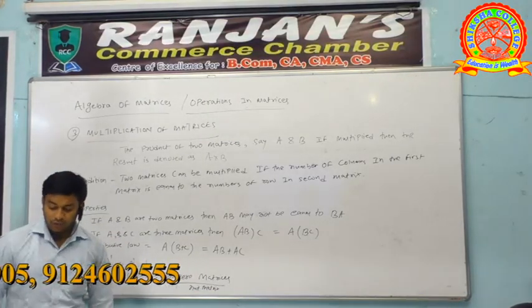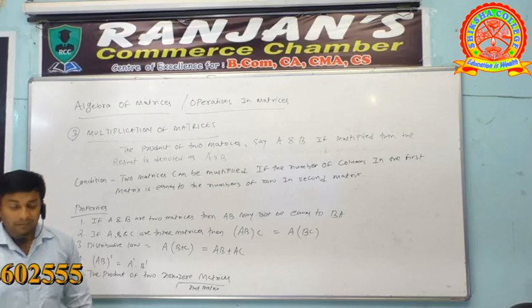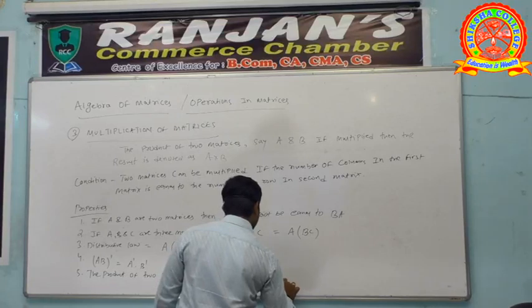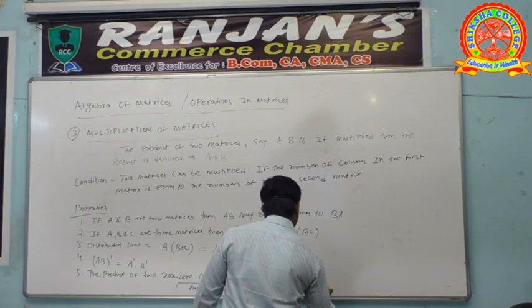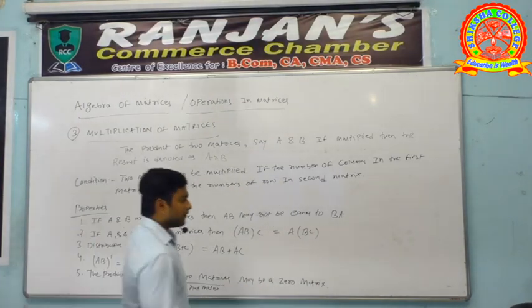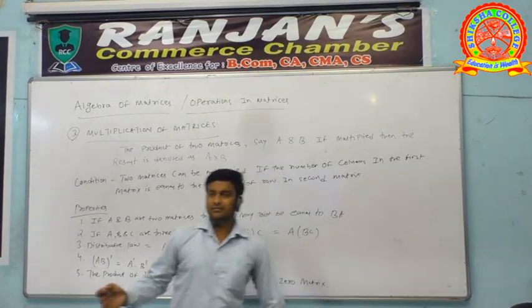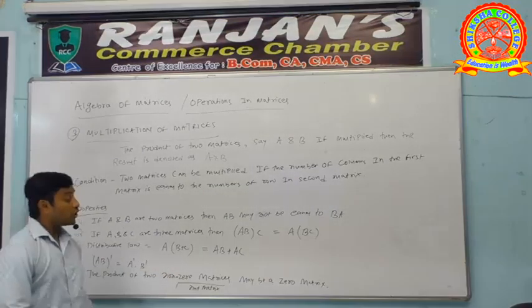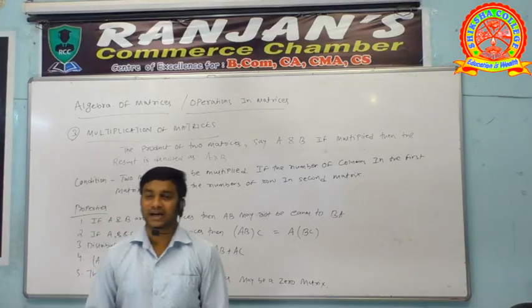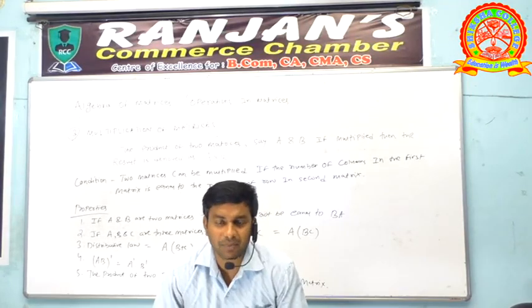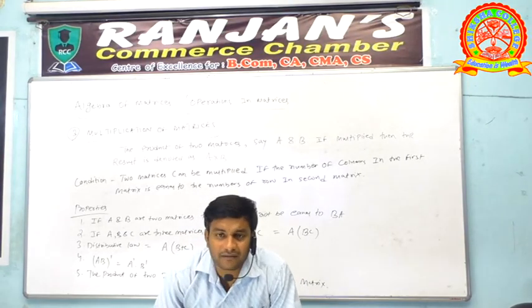So the product of two non-zero matrices may be a zero matrix. Clear? It is possible. We will discuss it later, because now we are not going through how to multiply. But remember, the product of two non-zero matrices may be a zero matrix, because as we know, if we multiply 1 with 0, we derive 0.